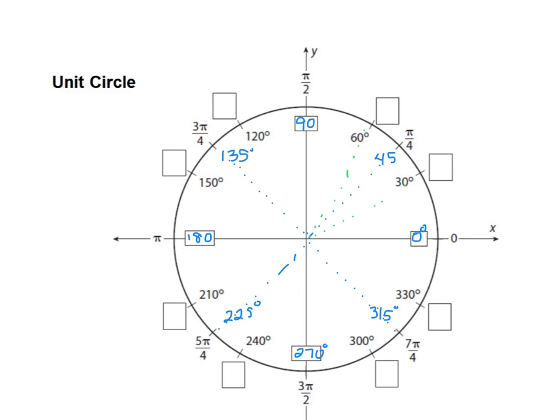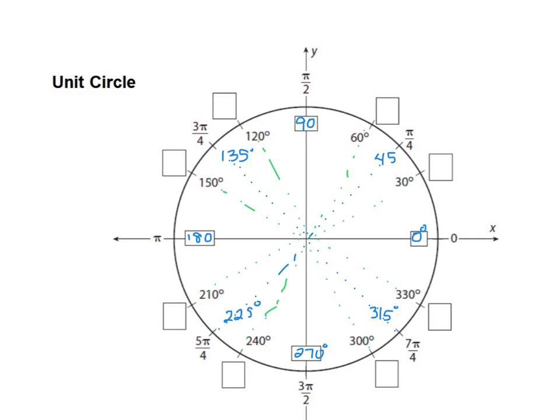Here we have another 30 degrees from 90. Here's 60 degrees from 90. Here's 30 degrees from 180, 60 degrees from 180. And then here, 30 degrees from 270 and 60 degrees from 270.